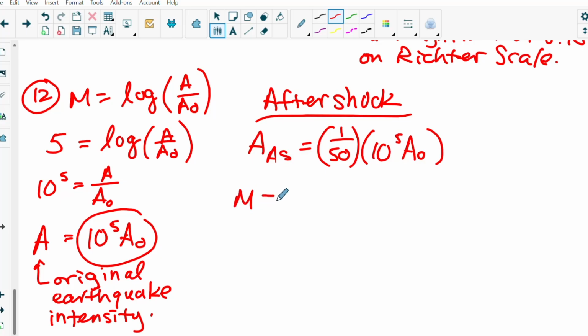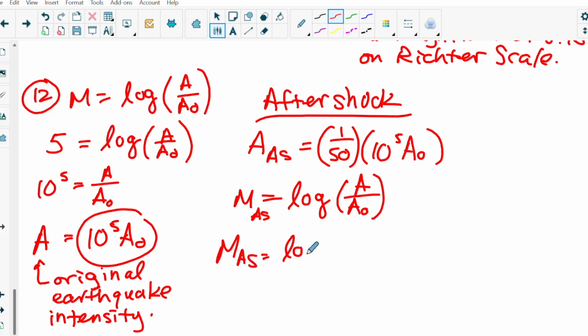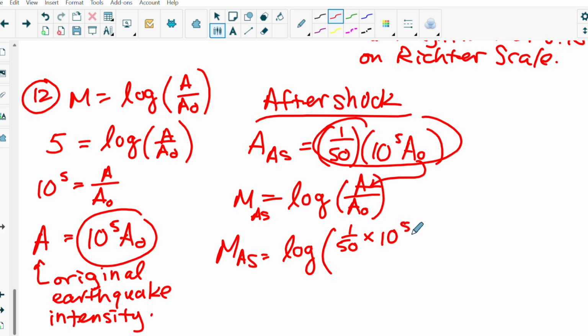Okay, so if I use my equation, I want to find the magnitude of the aftershock. That's m equals log of the ratio of A divided by A naught. Okay, let's plug in our value. This entire thing is my A value, so that's 1/50th times 10 to the 5th A naught divided by A naught.